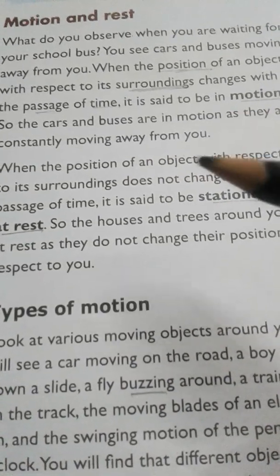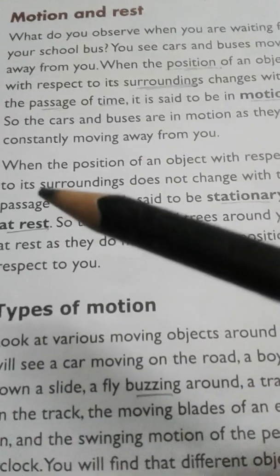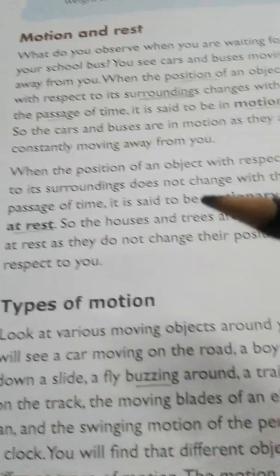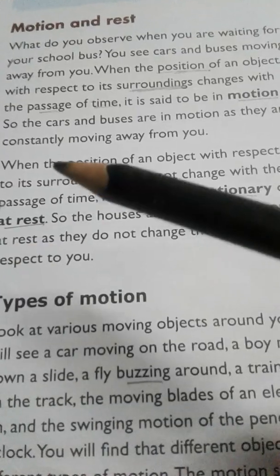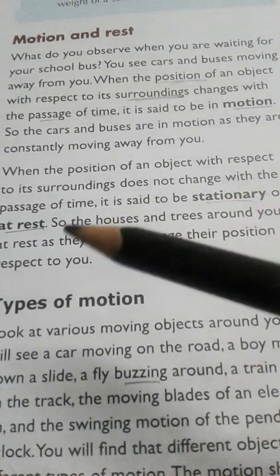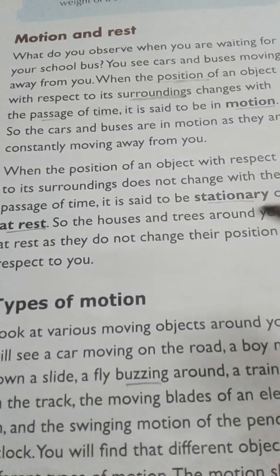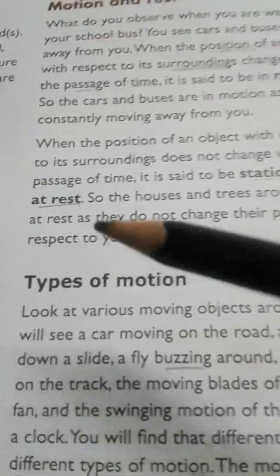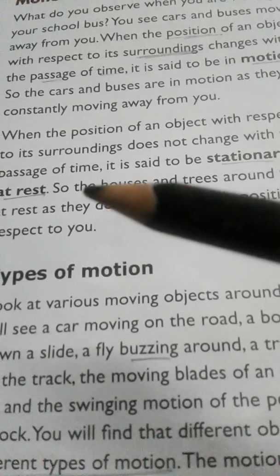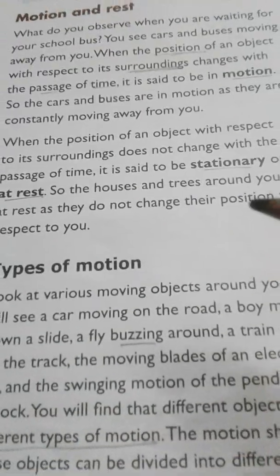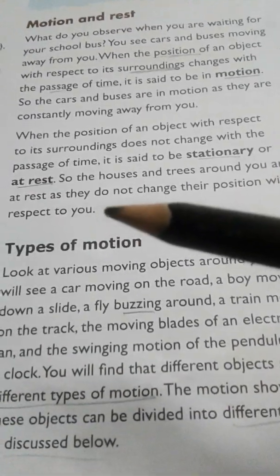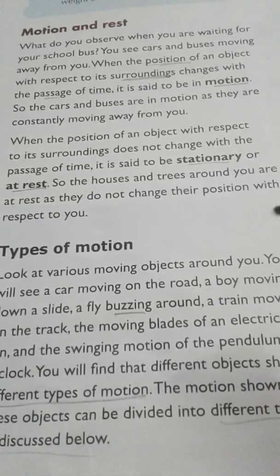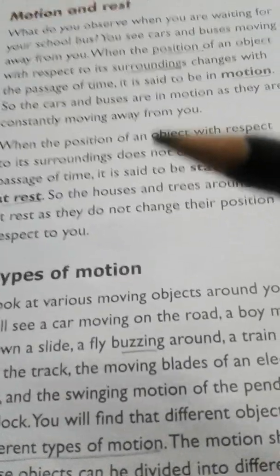Next, what is stationary? When the position of an object with respect to the surroundings does not change with the passage of time, it is said to be stationary or at rest. So the houses and the trees around you are at rest as they do not change their position with respect to you.